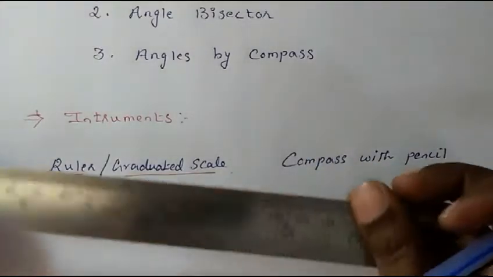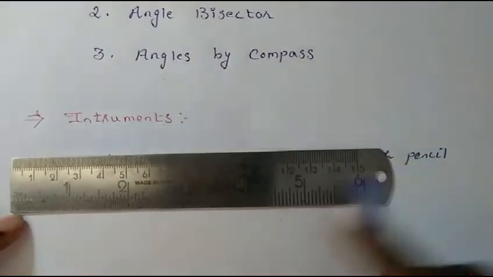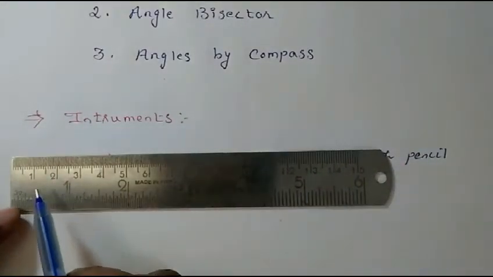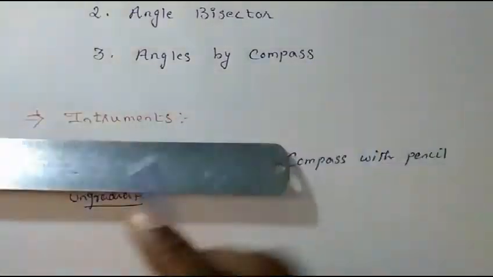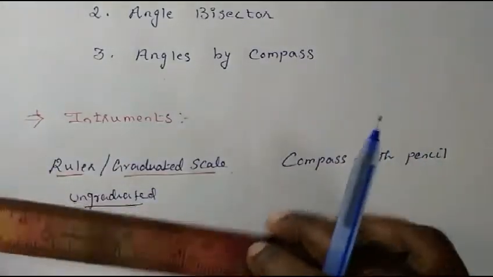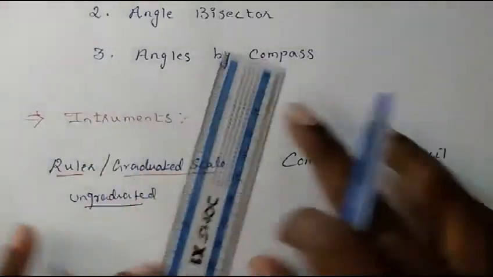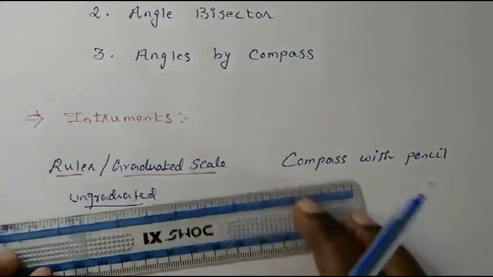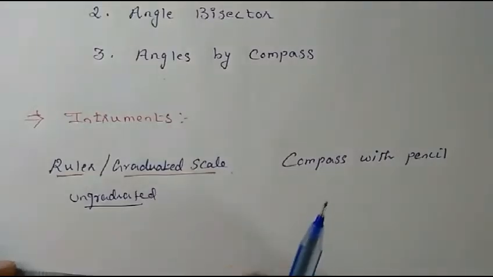I hope you are able to see, one side you have centimeters, another side you have inches. Ungraduated scale means where you don't have such measurements. So this is one instrument that you need for this chapter.